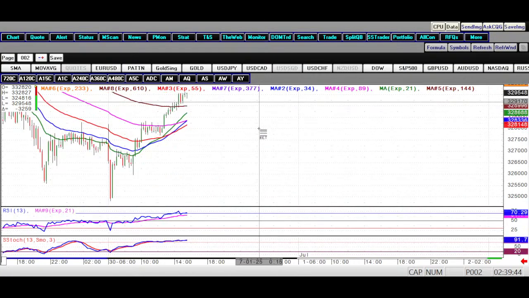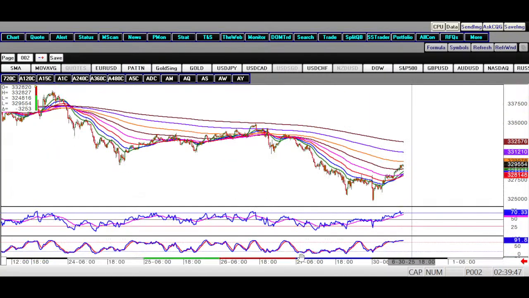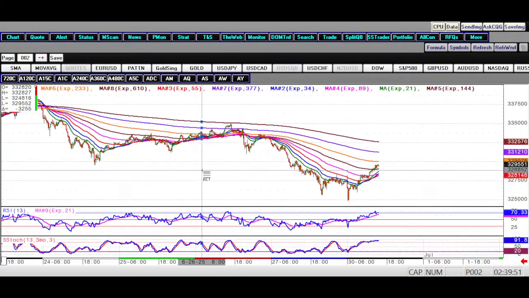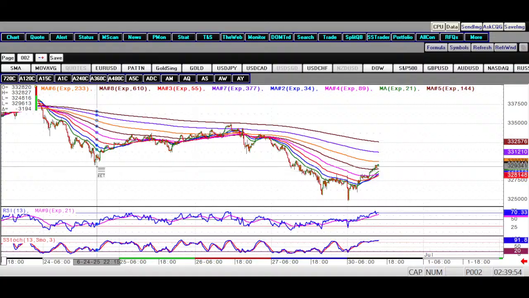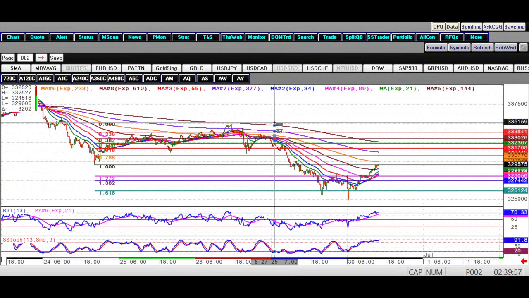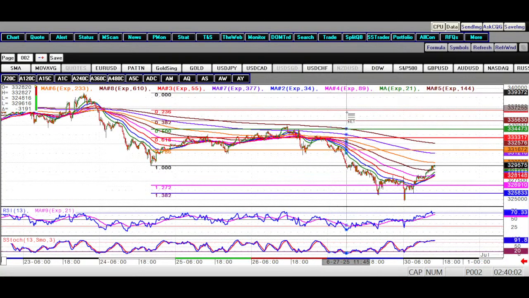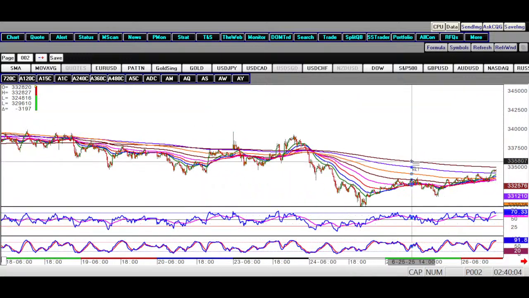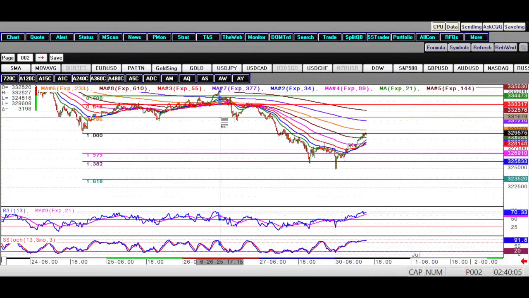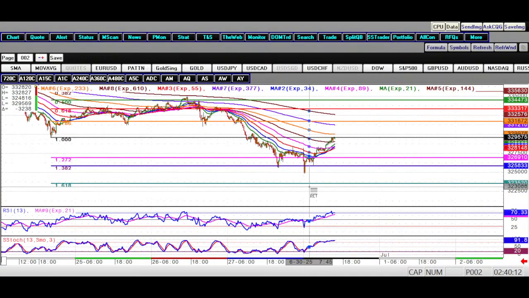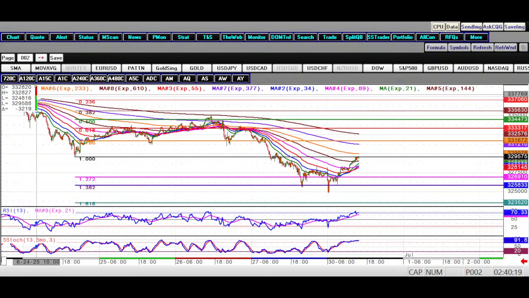So in the micro view, right now, this is roughly the extension of this move from here to here, and because it did not go beyond 1618, it is still only an extension within this level.